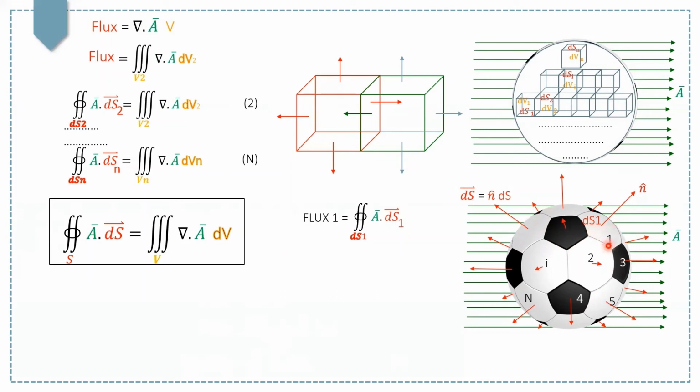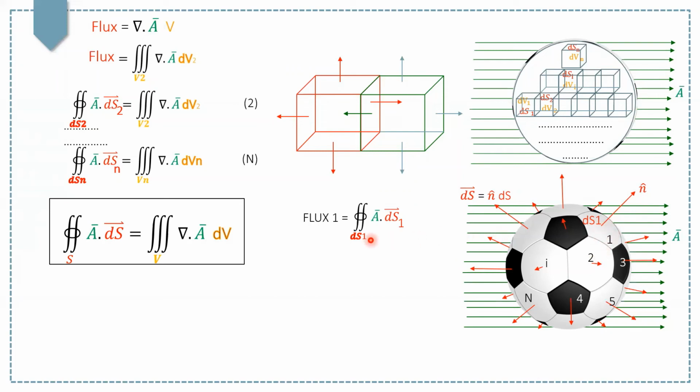For example, if we focus on patch 1 having surface area dS1 along with the normal n cap, depending on the angle between this normal n cap and the vector field A, we will get a greater or smaller flux.